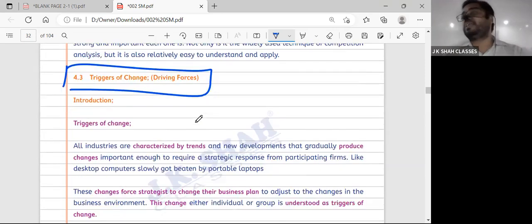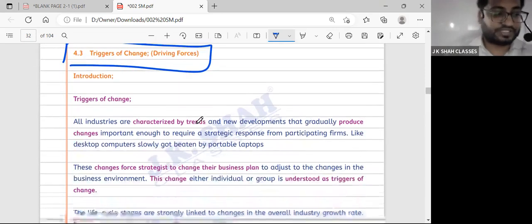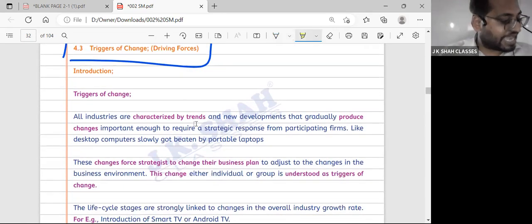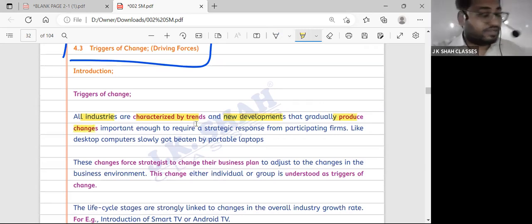Yes. So these are triggers of change. Look at this. All industries are characterized by trends and new developments that produce changes. So there is change happening in the environment, and this requires a response from us. If you are doing business, you need to observe the changes and act accordingly.